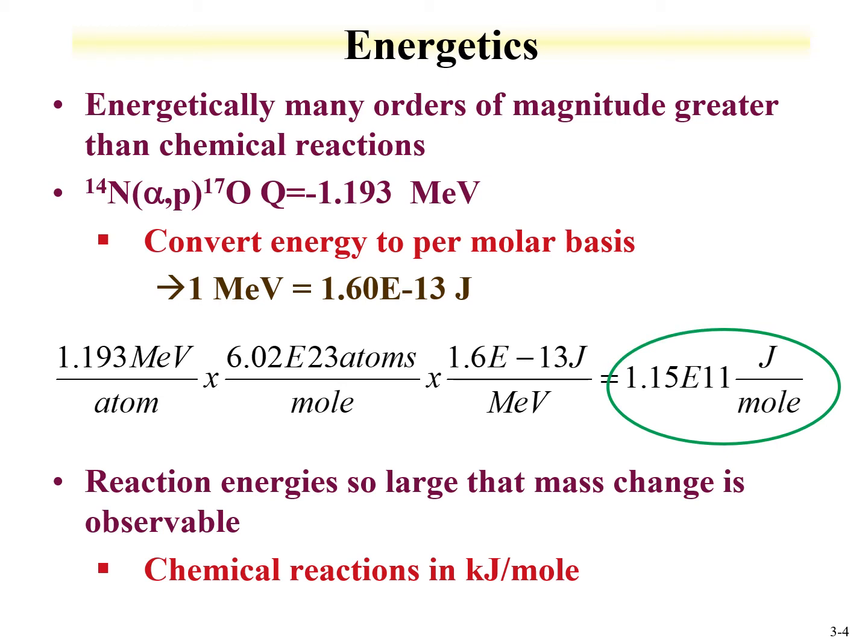These reaction energies are so large that mass change is observable. It's good to remember that chemical reactions tend to be on the order of kilojoules per mole. That's one of the reasons this is a reaction that requires energy. But fission, for instance, which gives off energy, shows why such reactions can have such high energy densities.